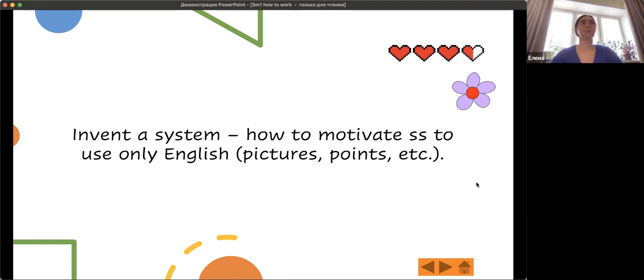They draw them on the board, and when students speak Russian or behave badly, they start erasing these hearts. Well, sometimes it works, why not? So it's up to you, but you need to remember that your system should be logical. So if students understand why you do this, why you erase their lives, they may be motivated to speak English. So be careful with this.